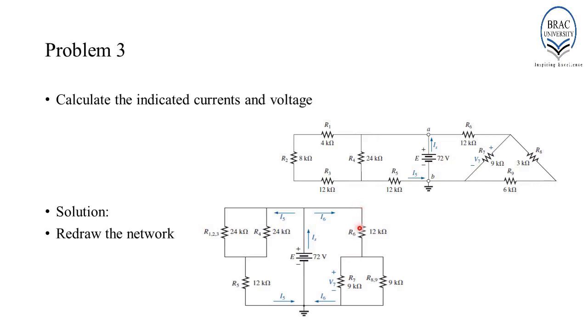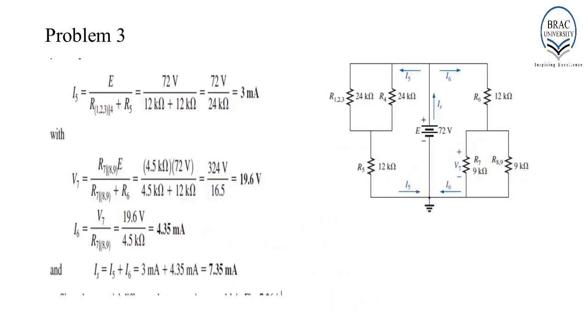And this entire branch from this node till this node is connected in parallel with E. So the simplified network is this one. Then we marked the currents as shown over here. Since now we have the simplified network, thus we can easily determine the currents and voltages as shown over here.